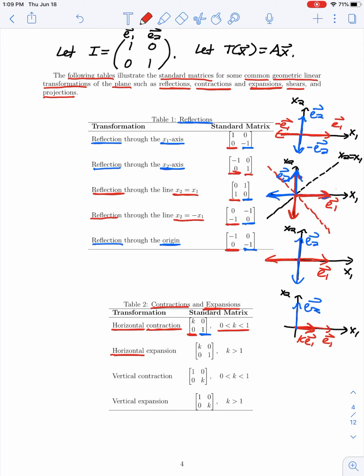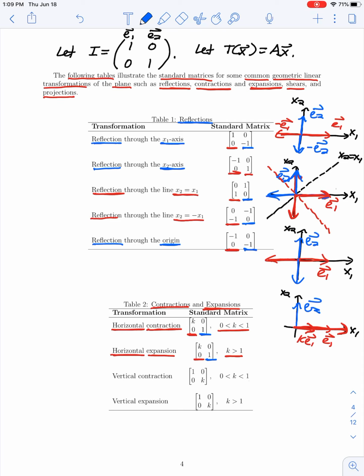We can also define similarly a horizontal expansion if our first vector E1 is mapped to (k, 0), where k is a constant greater than 1. So if we are making E1 a longer vector under the transformation and E2 is mapped to itself, then we're stretching our vectors only in a horizontal direction or expanding them. So we have a so-called horizontal expansion.